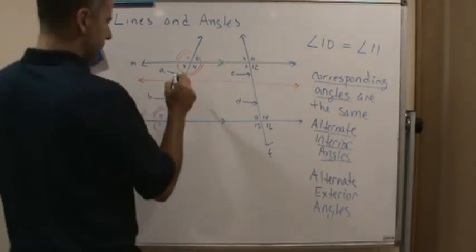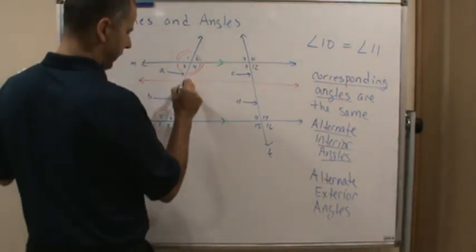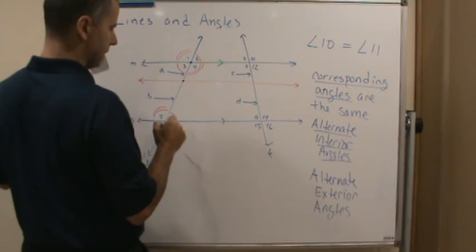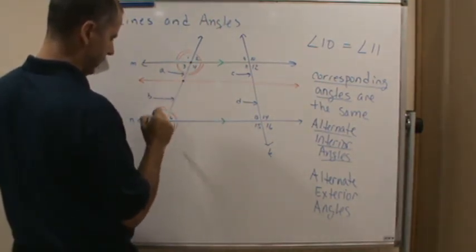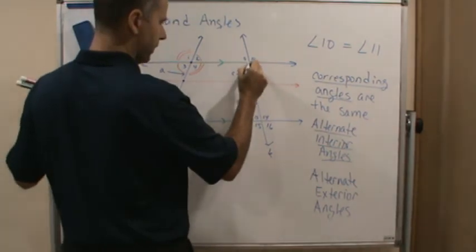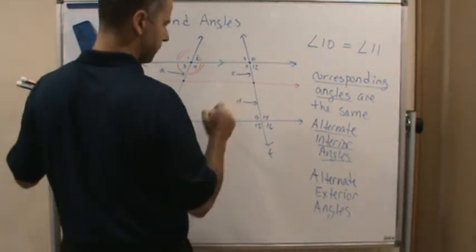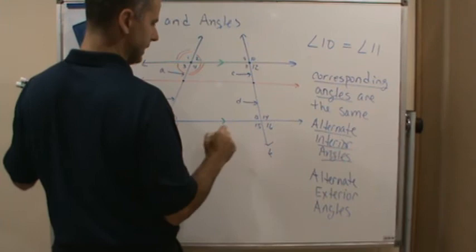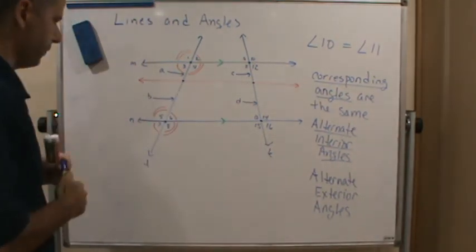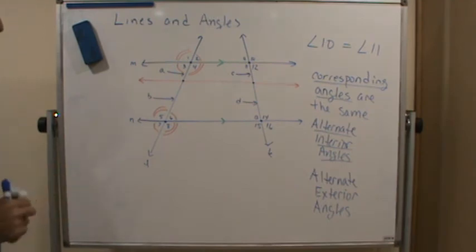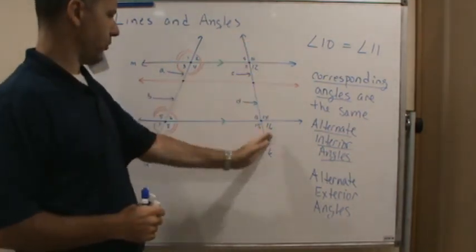So what I'm going to set up is this here. From here to here is a line segment A. I'm going to call that A. From here to here is B. From this vertex intersection point to here is C, and from here to here is D. Now, if we have two transversals, that's why I drew this one here.